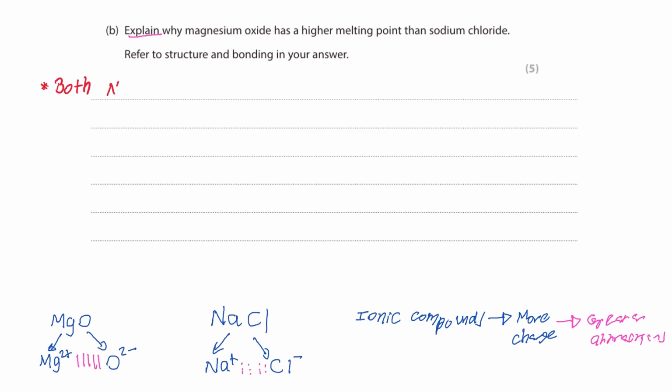Both sodium chloride and magnesium oxide are giant ionic lattices. So if you take ionic compounds, it is not only one sodium plus ion with one chloride ion.